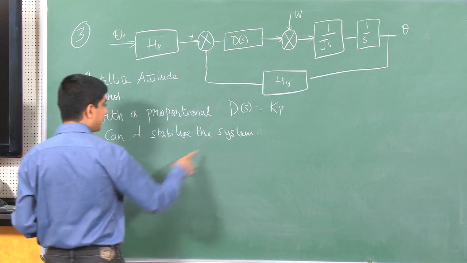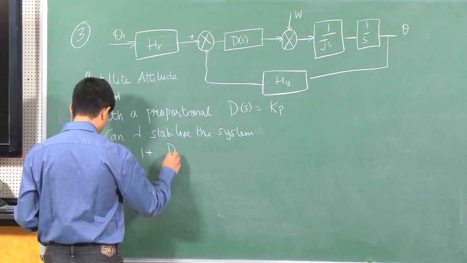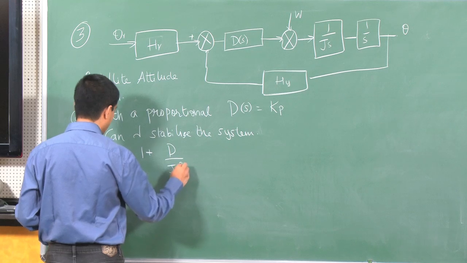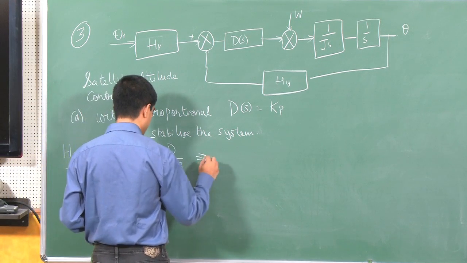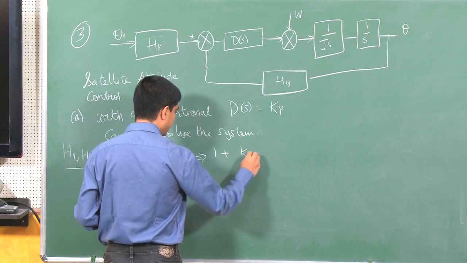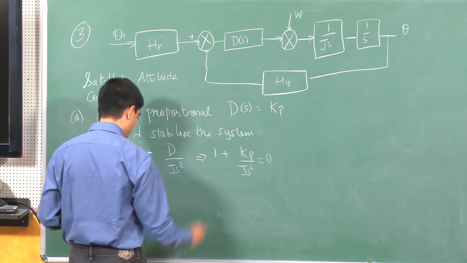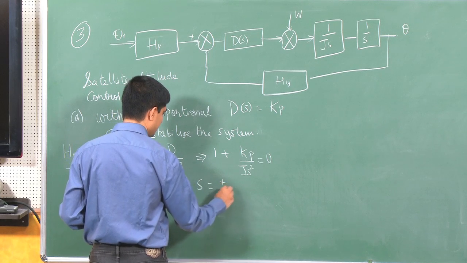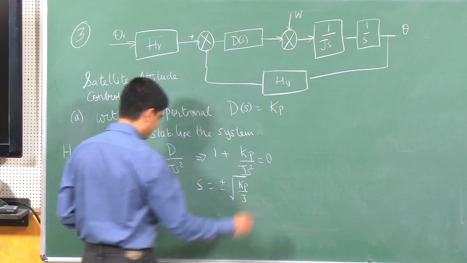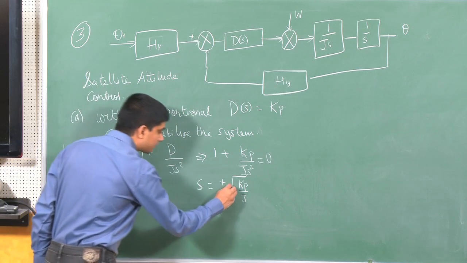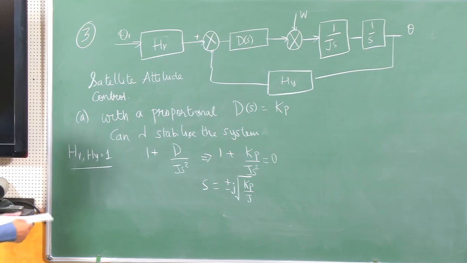Okay, so when ds is just Kp, then my characteristic equation is 1 over d Js square, assuming this to be true, which means 1 plus Kp over Js square is 0, or S is plus minus square root Kp over J. Yes, since this will be in the imaginary axis, as Kp and J are always greater than 0.